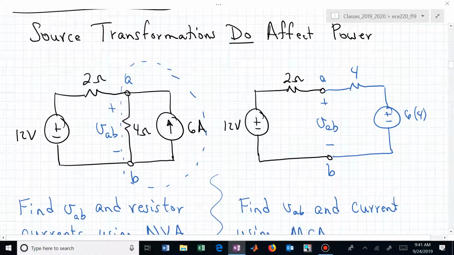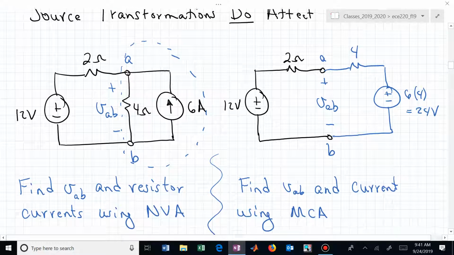Isn't it I times R? So it's now 24 volts in the circuit on the right.